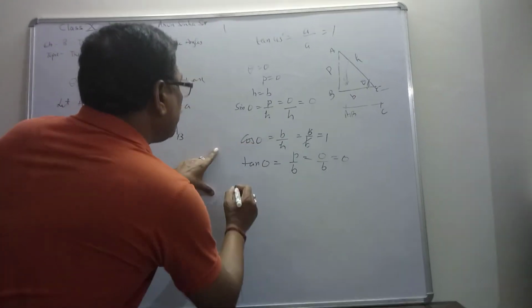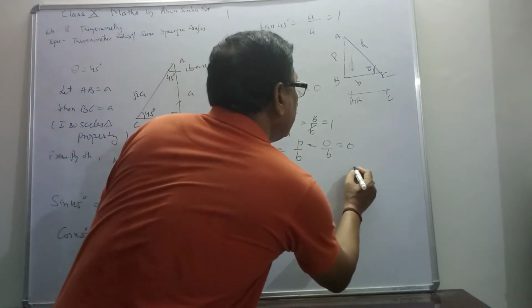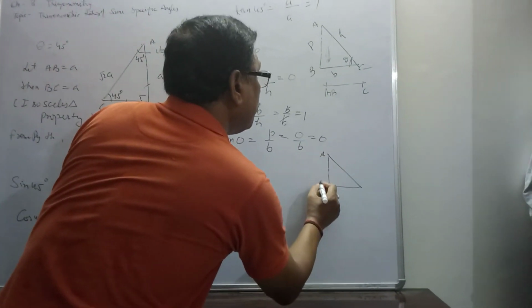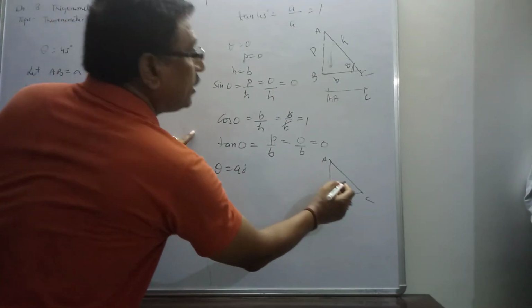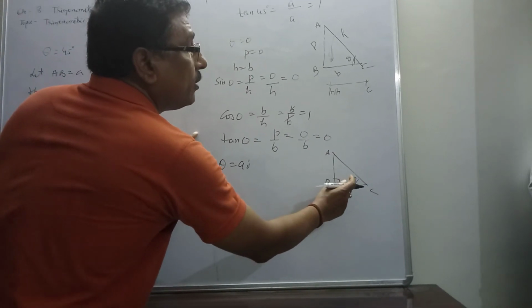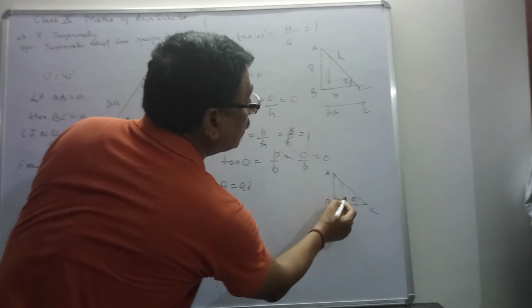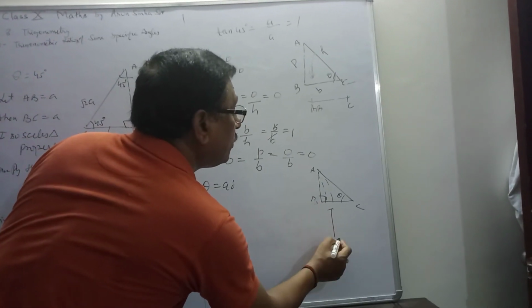Okay. Now if theta is equal to 90 degrees, what will happen? This is a triangle, children, A, B, C. This angle is 90 degrees. We have considered this angle as theta. How will it become 90? If this angle is shifting this side, then in the final stage you will get it this way.